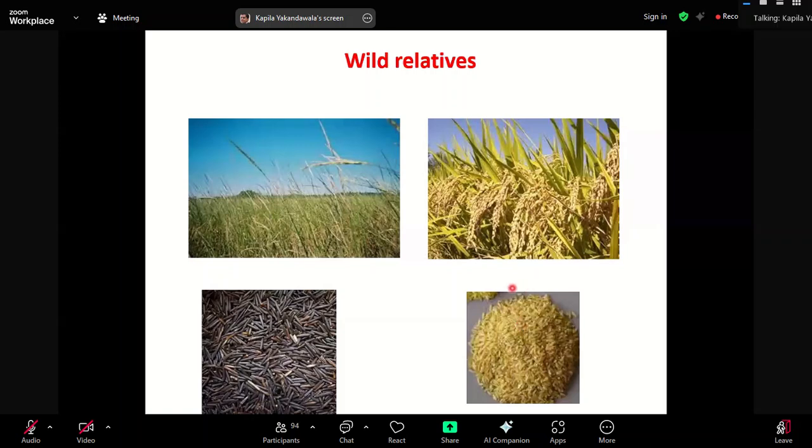So we like to eat it, but we still have wild relatives of rice in the wild areas. As you can see here, they have very narrow, small grains, so they are not tasty, but they have high fiber content. Today, if you ask us to eat it, we can't. It's not palatable. We can't eat it because it has no taste.